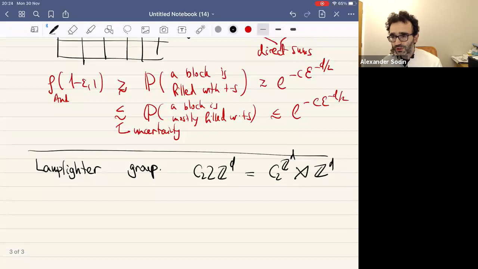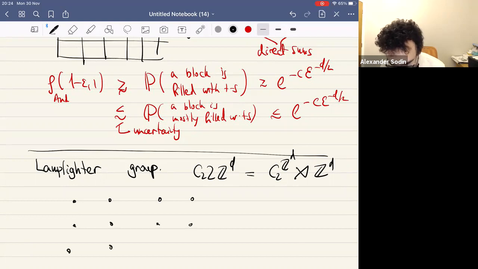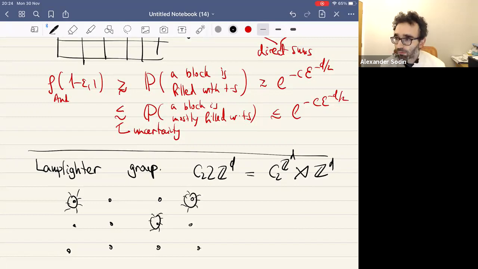So in simple words, what is this? We have our d-dimensional lattice. On each vertex of the lattice, we have a lamp. Some of the lamps are on, some other lamps are off. We have a configuration of lamps. Each lamp is either on or off.